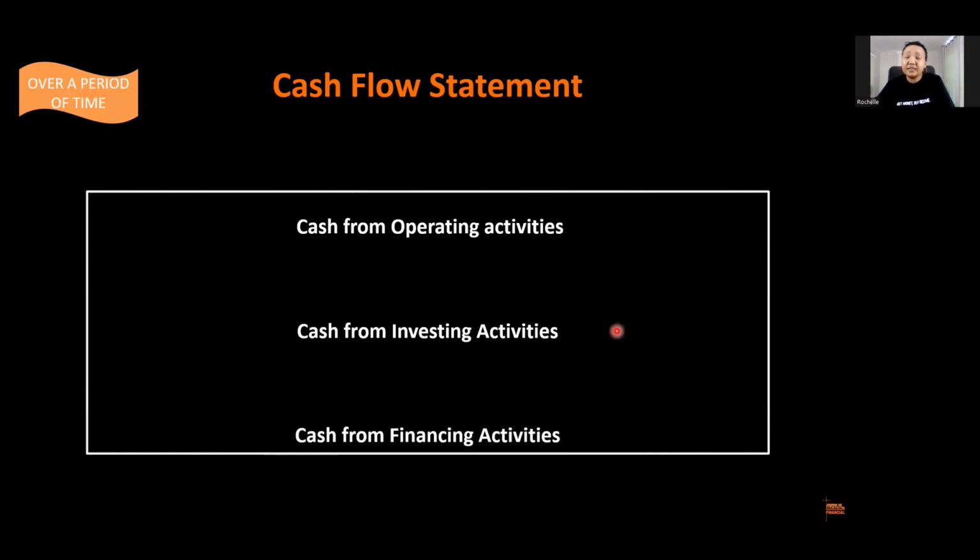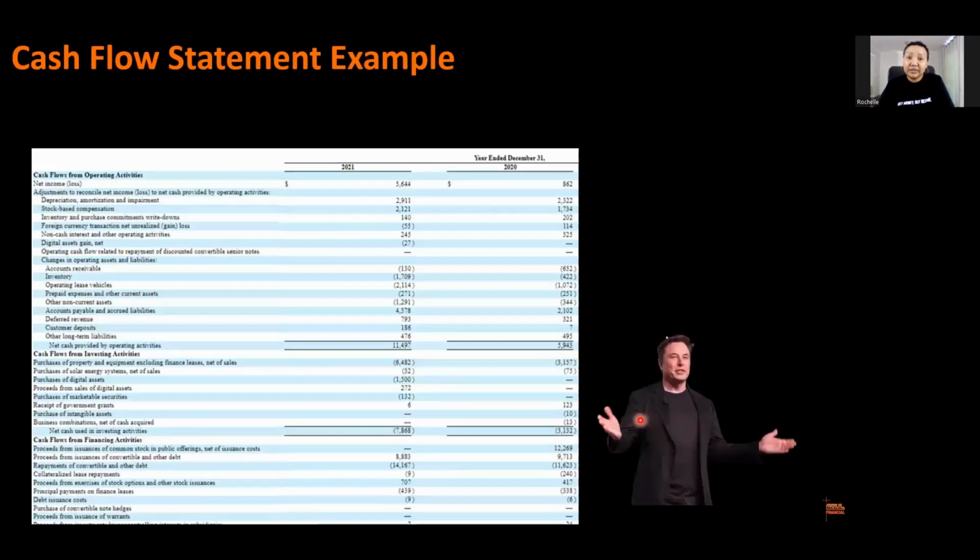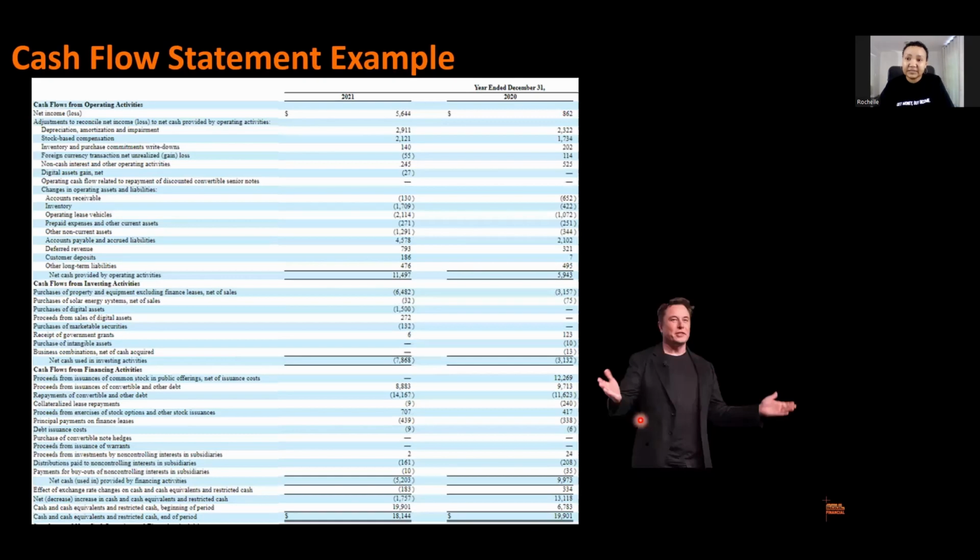That's anything that the company has invested in property, plant and equipment, etc. And then financing activities, as I said, that is any cash transactions between the company and their shareholders and investors.